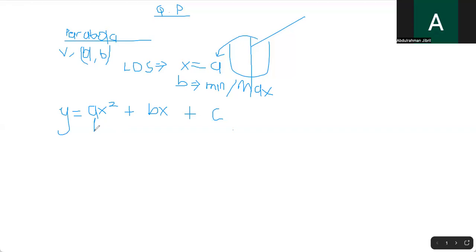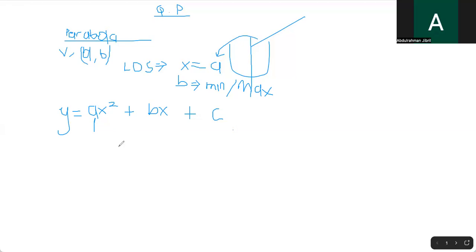So it tells us whether the graph of the parabola points upwards or downwards. And that subsequently would allow us to know whether the graph has a minimum or maximum value.